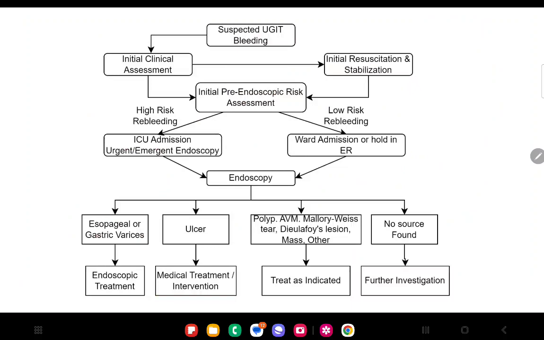After that, you have to do the initial pre-endoscopic risk assessment, or risk stratification, to see if he is at low risk or high risk for rebleeding.